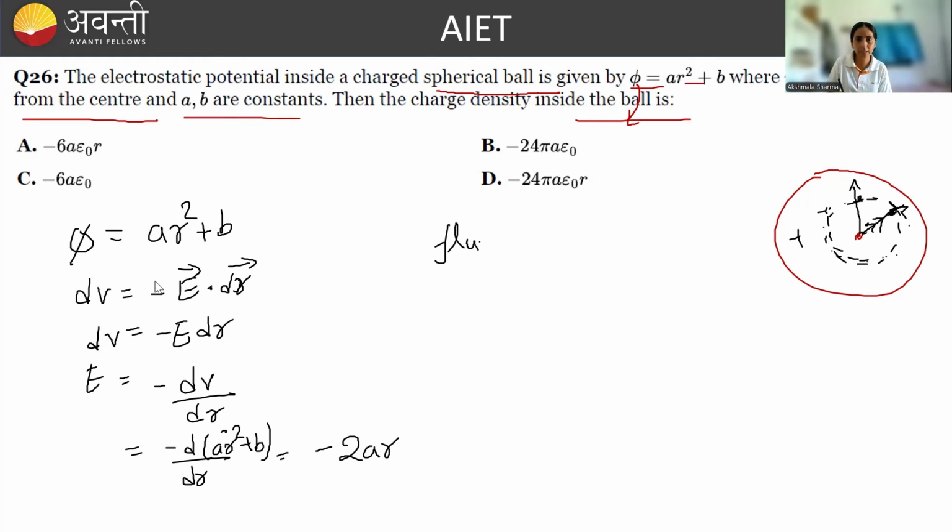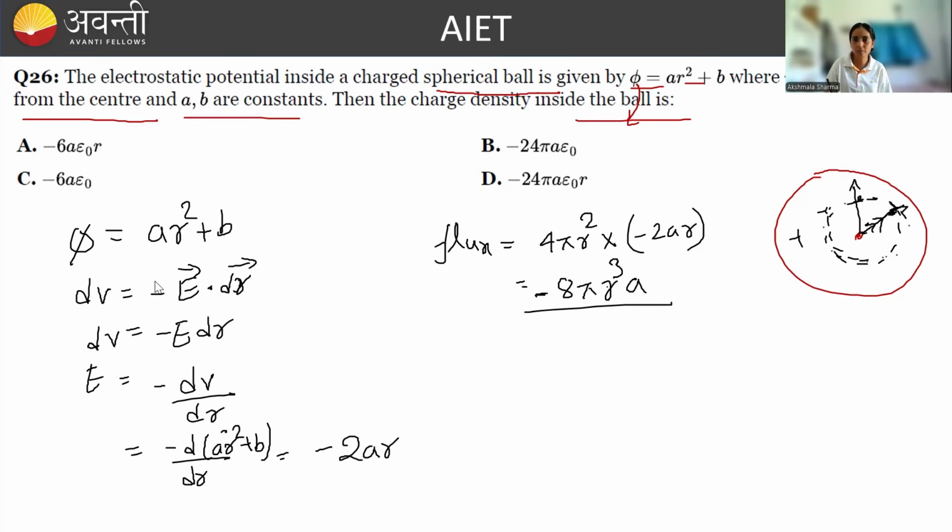So flux through the area will be 4 pi r square into electric field, that is minus 2Ar. So this is equal to 8 pi r cube A, with negative sign.